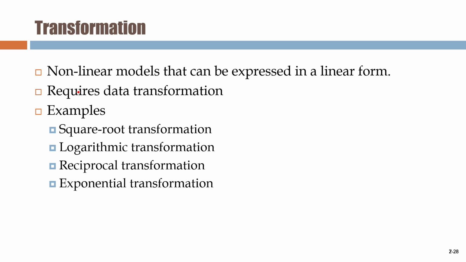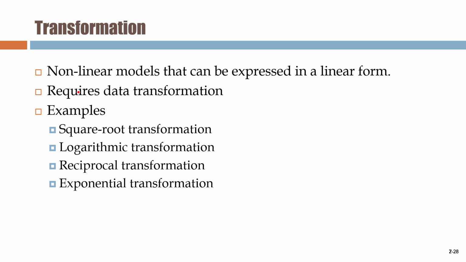Transformation. We already saw transformation, because we already saw when we can apply the log on the y or log on one of the x variables. This transformation is used when you see a non-linear relationship between these two, then we can change.